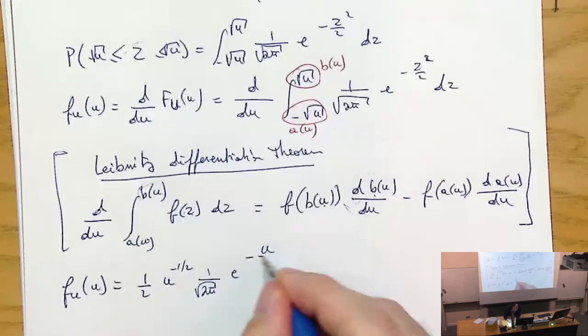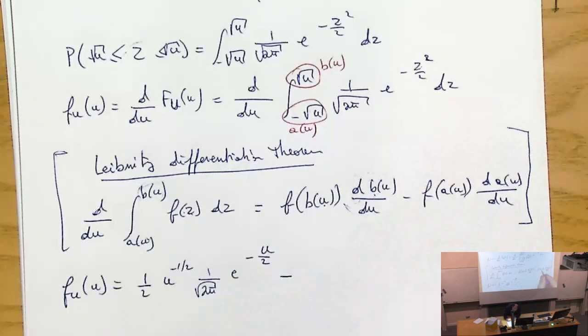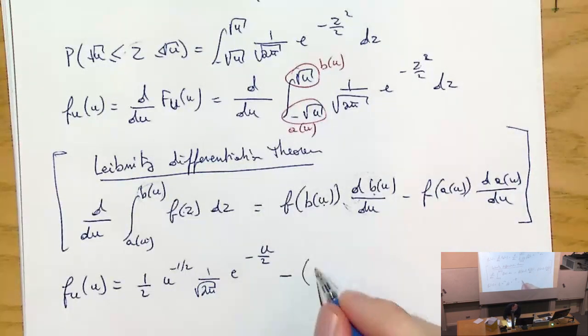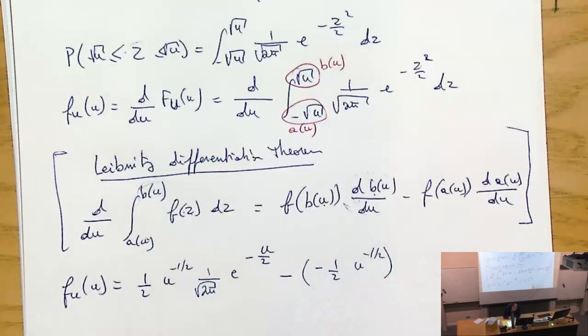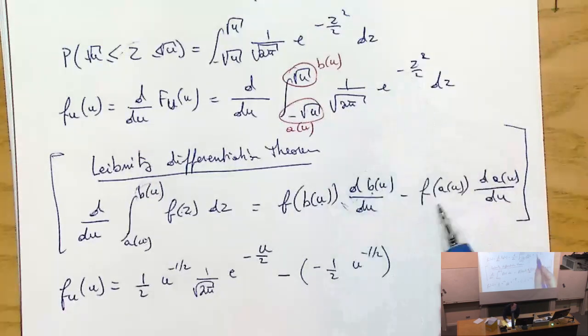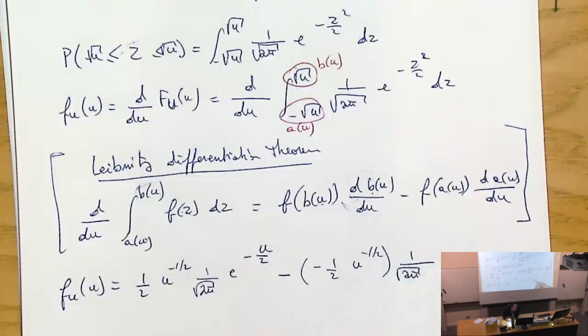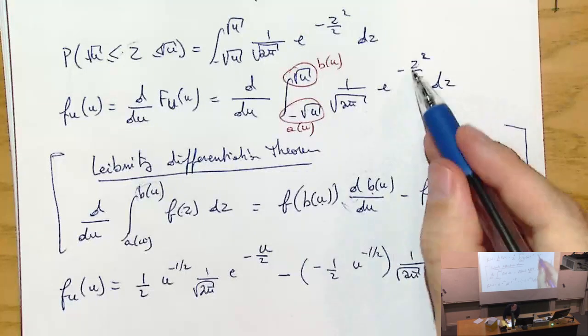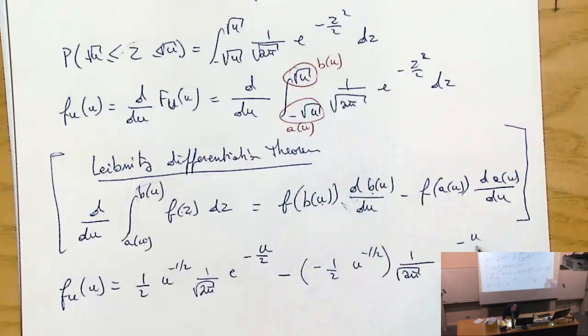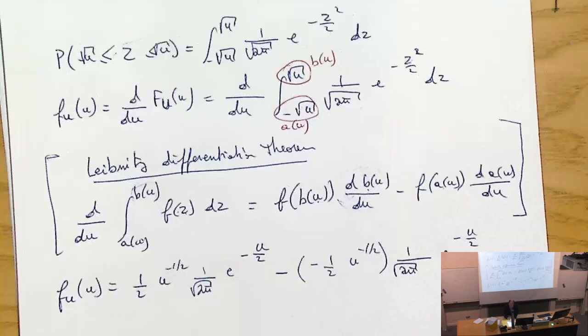That's going to be u divided by 2. Minus, now I take the derivative of a, and I get minus 1/2 u to the minus 1/2, multiplied by the argument evaluated at a of u. That's 1 over square root of 2 pi, e to the minus z squared over 2. The z is now minus square root of u, so that's u divided by 2, and that's it.